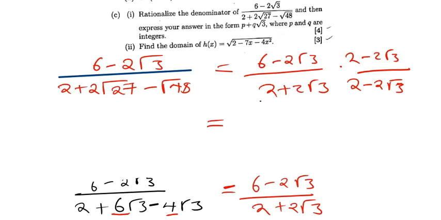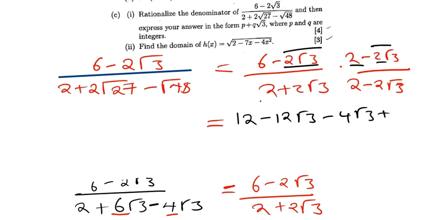For the top part, 6 times 2 is 12. 6 times root 3 is 6 root 3. This times 2 is minus 4 root 3, and this times that will be positive 2 times 3. Root 3 times root 3 is just 3.